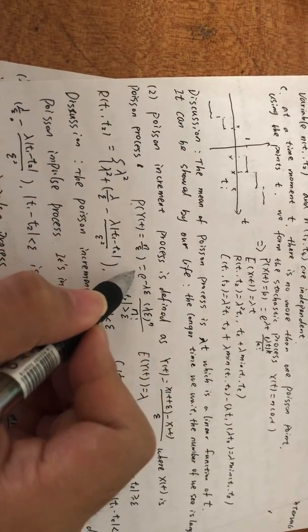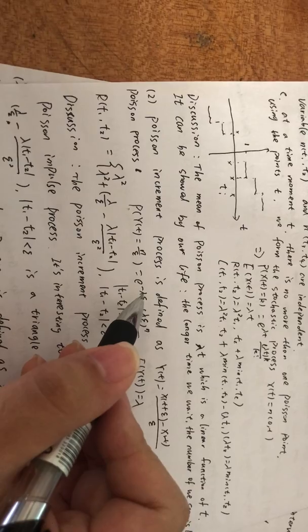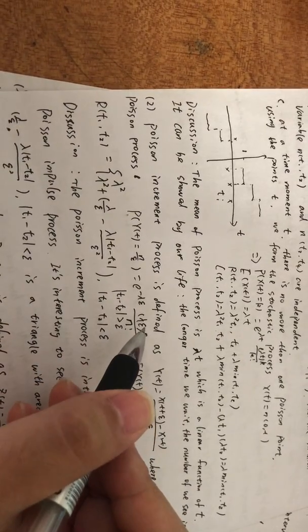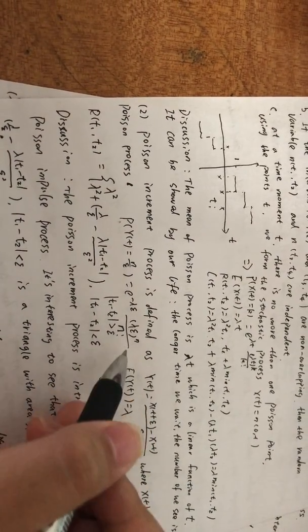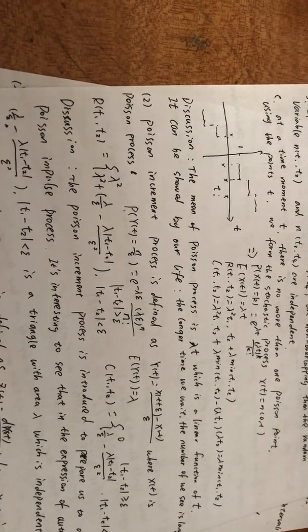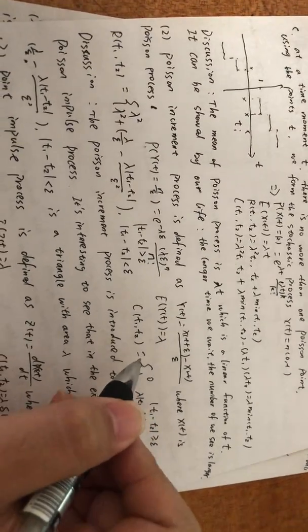And we have the first order probability mass function equal to exponential of negative gamma theta, times (gamma theta) to the n, divided by n factorial. And we have the mean equal to gamma, and the autocorrelation R(t1, t2) equal to gamma square.